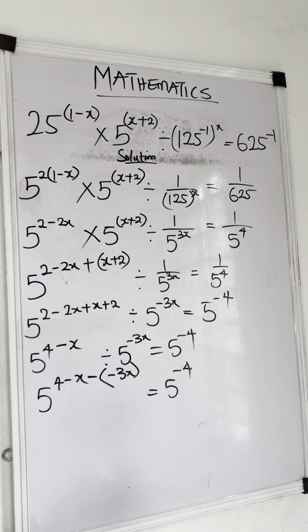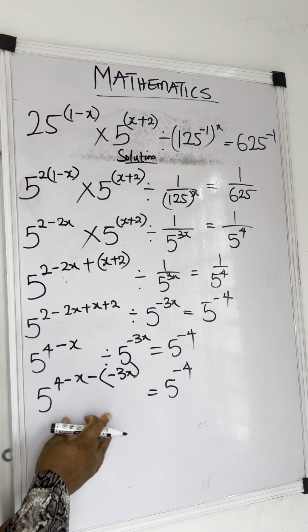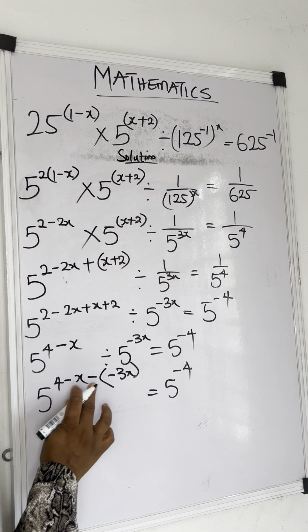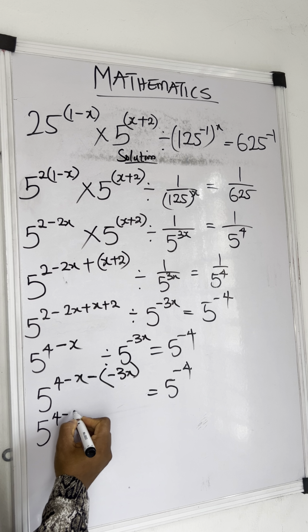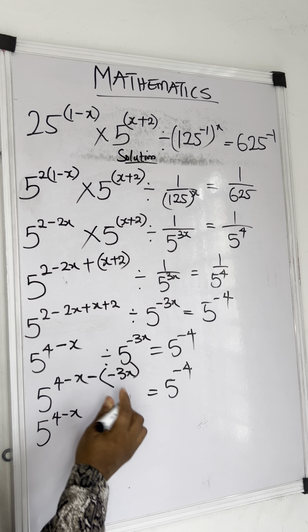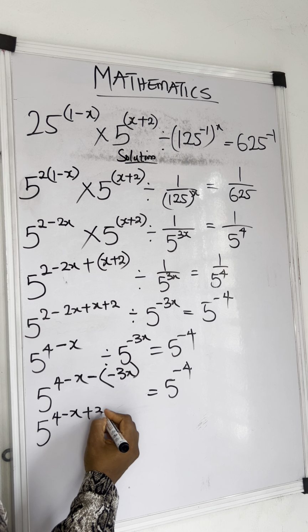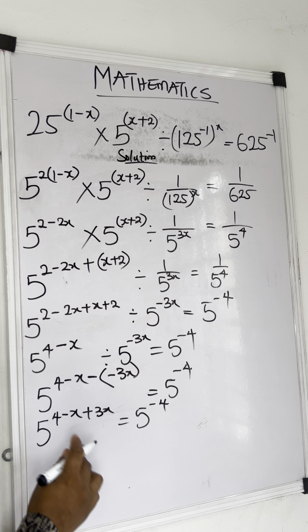We are almost through. You see that question that looks so difficult is coming to a simple form. So let's open the bracket. 5 raised to power 4 minus x. This minus times minus is positive, so it's going to be plus 3x, equal to 5 raised to power minus 4.